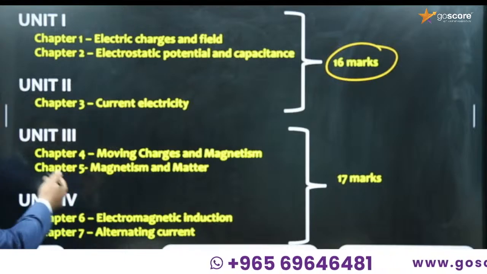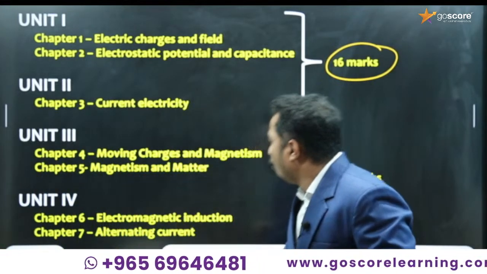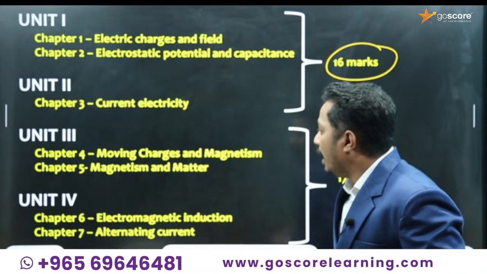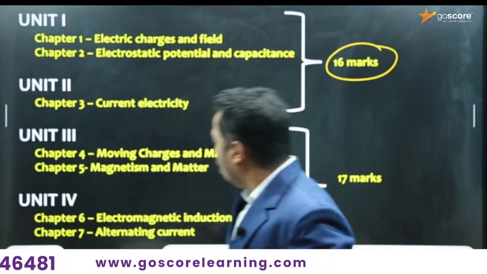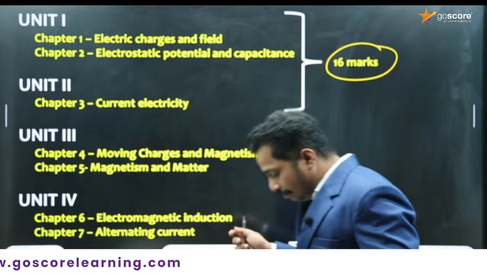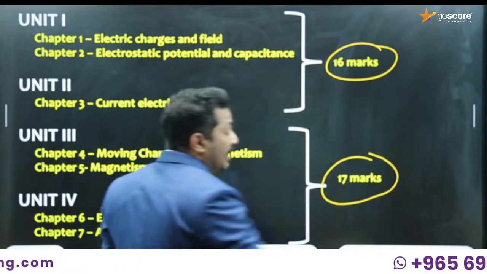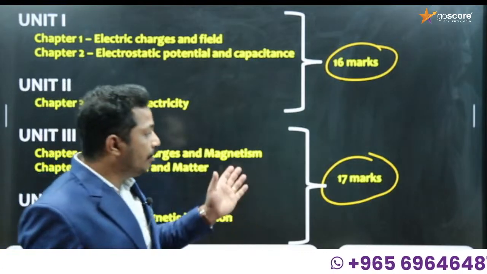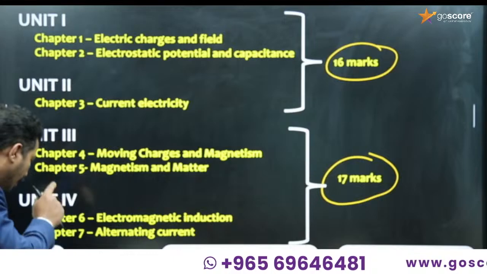From unit 3 and unit 4 there are four chapters: chapter 4 moving charges and magnetism, chapter 5 magnetism and matter, and from unit 4, chapter 6 electromagnetic induction, and chapter 7 alternating current.